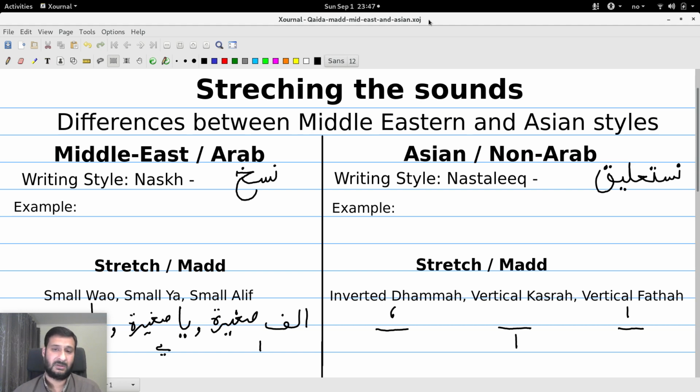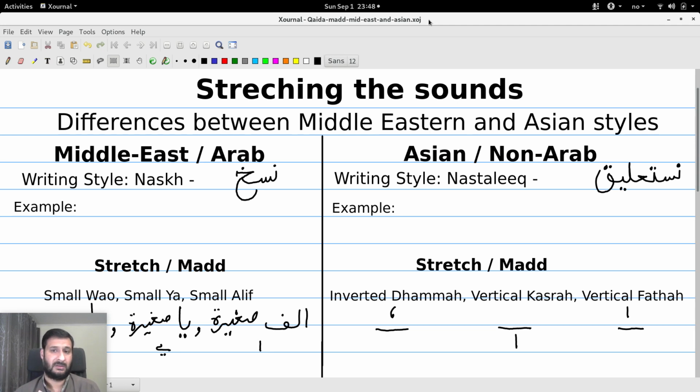The main alphabet is the same, but all the Quran which are written or printed in Saudi Arabia, the Middle East, all the Arab countries, North Africa and Africa in general, and the Americas, those copies of Quran resemble a certain way of writing.